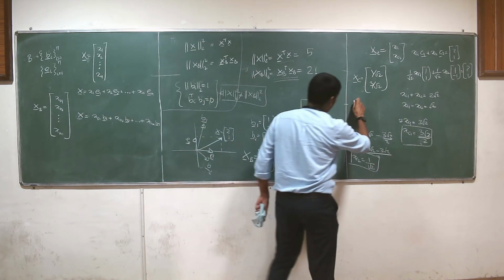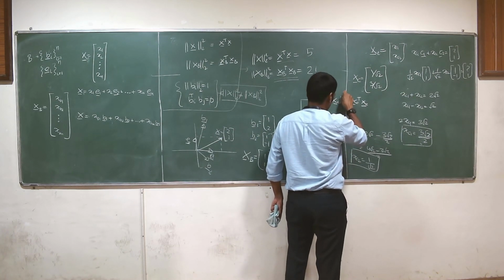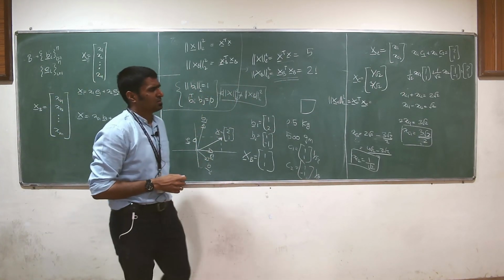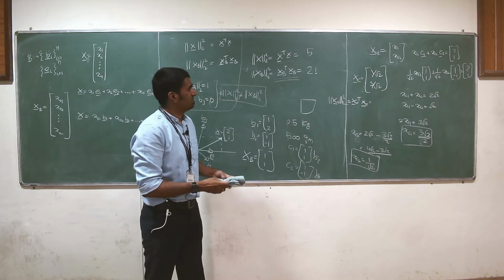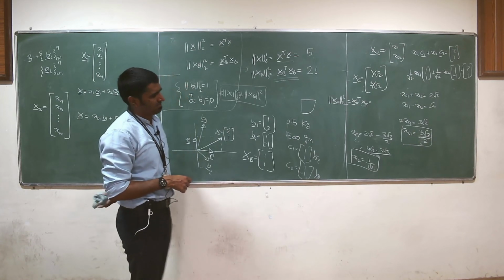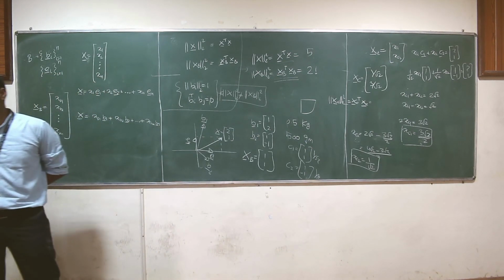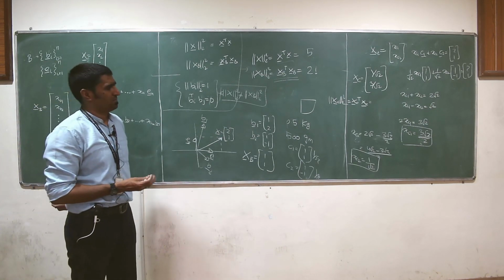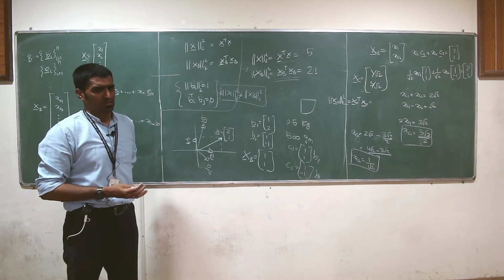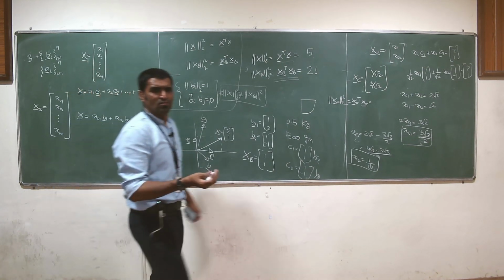Now tell me what is xc transpose xc. Yeah, 5.